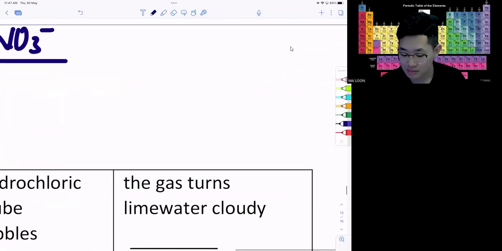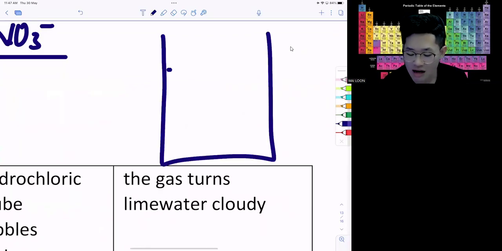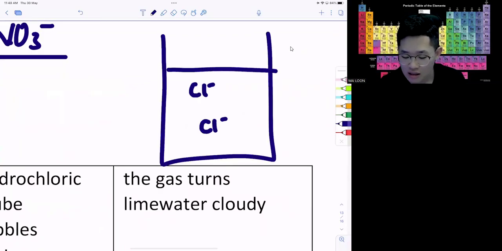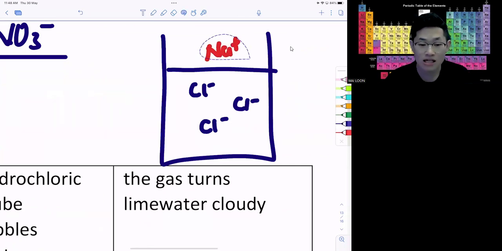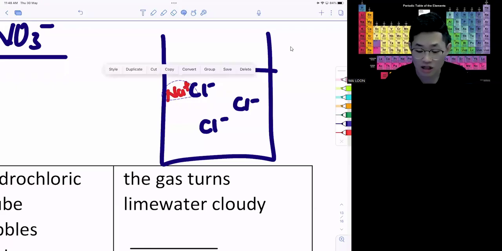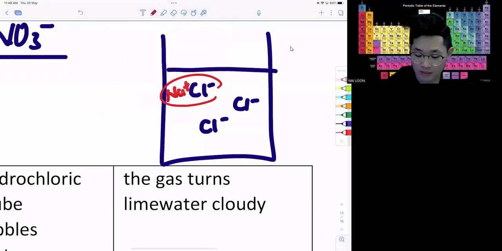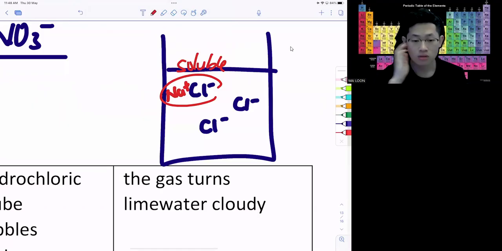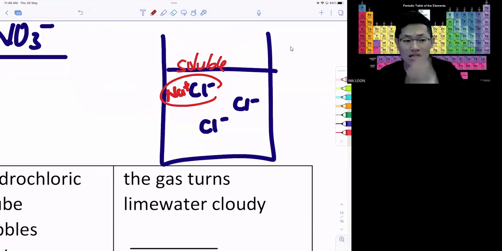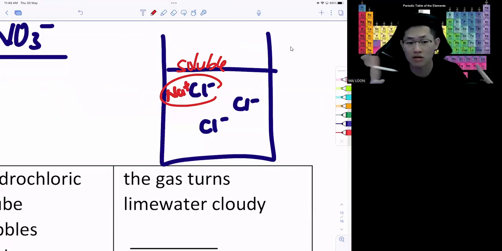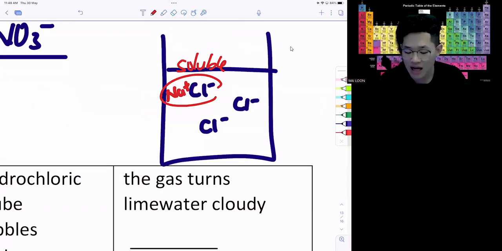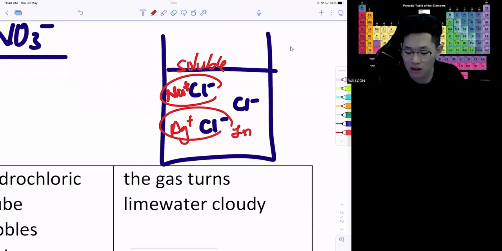That means I have a Cl solution here, guys. If I add Na plus and Cl minus, they are soluble. Soluble means they exist as a solution, so you can't see anything. It's like you put a bit of salt into water, they dissolve into the water already, then you cannot see anything. But if I add Ag plus, Ag plus and Cl minus, they are insoluble.